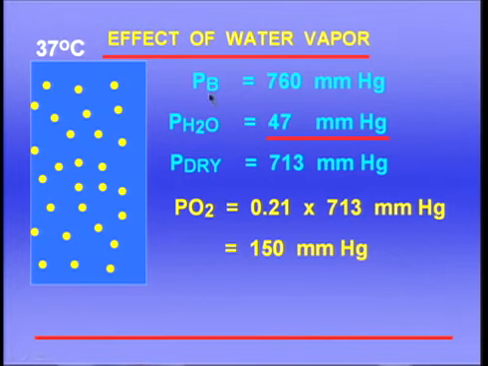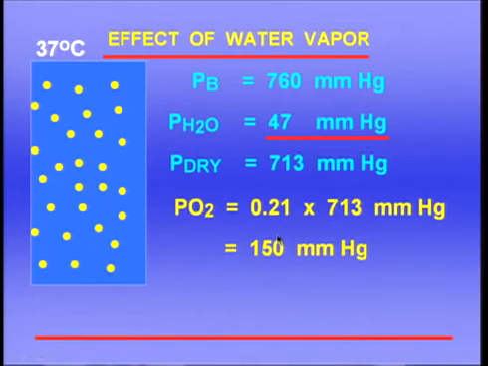So in order to calculate the partial pressure of oxygen in moist inspired gas, we have to subtract the water vapor partial pressure, which is 47, from 760. That gives us the pressure of the dry gas of 713, and therefore the partial pressure of oxygen is 0.21 times 713, which comes out to 150 millimeters of mercury.